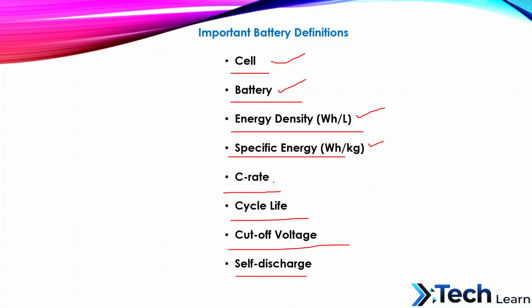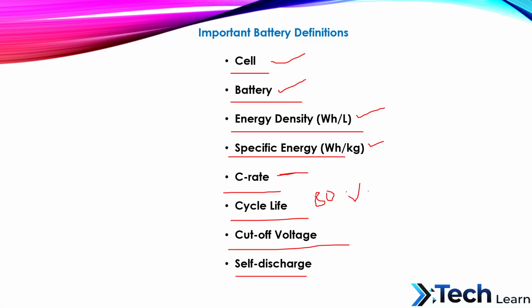C rate indicates charge or discharge current relative to its capacity. Cycle life indicates the number of charge discharge cycles before capacity drops to 80%.